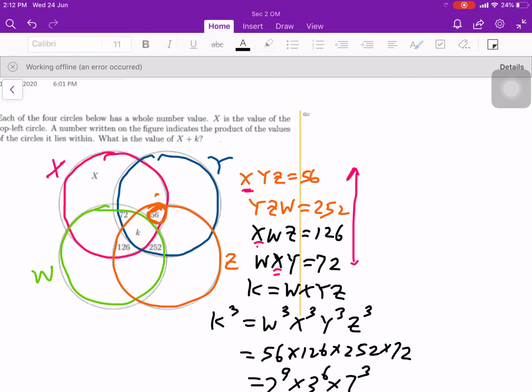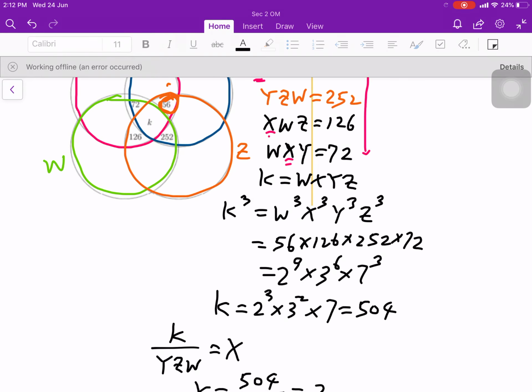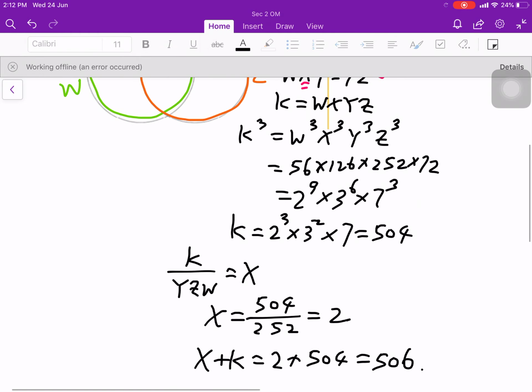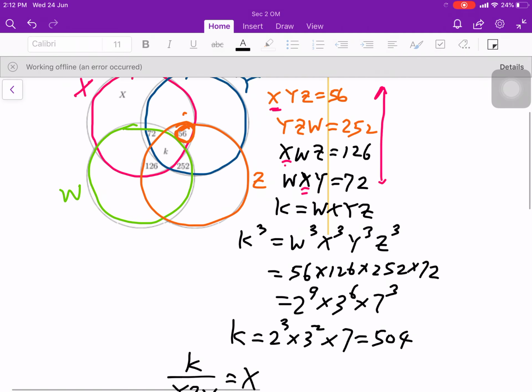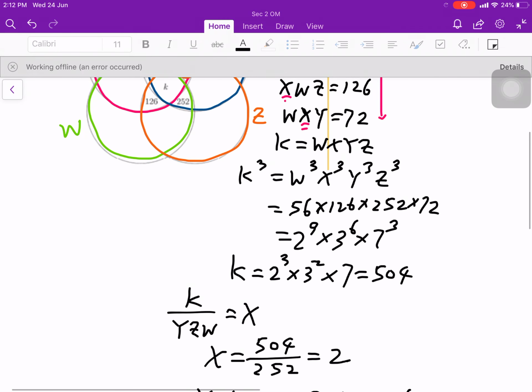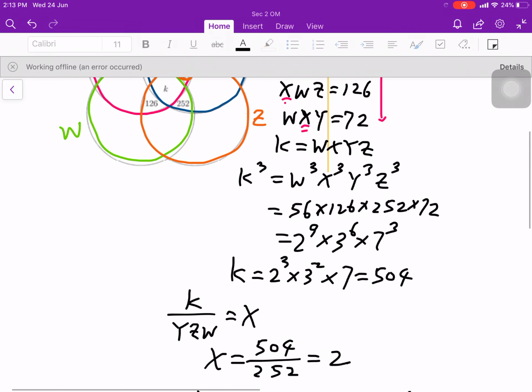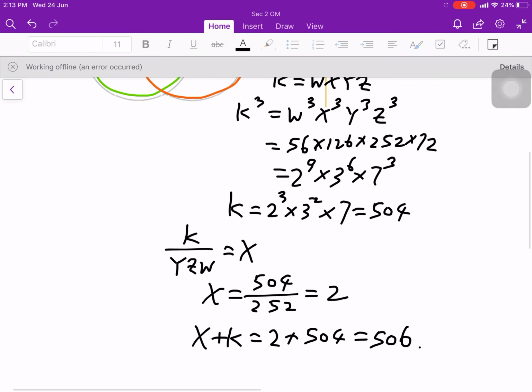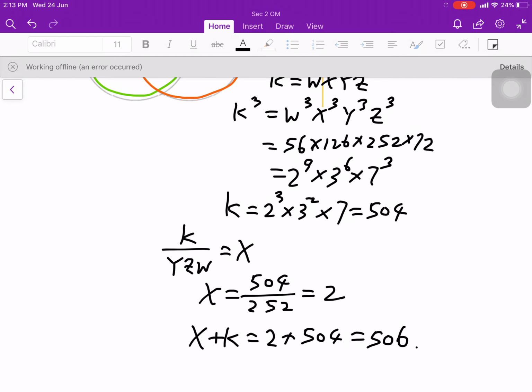You are asked to find the value of x plus k. Once you get k, you can actually get your x, and hence you get the answer. You get k to be 504, and then k divided by wyz will give you x. x will be just equal to 2, and therefore x plus k will be 506.